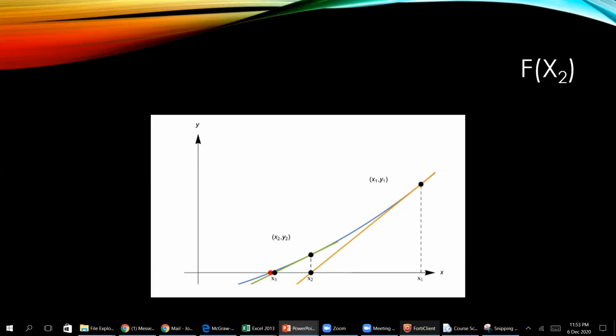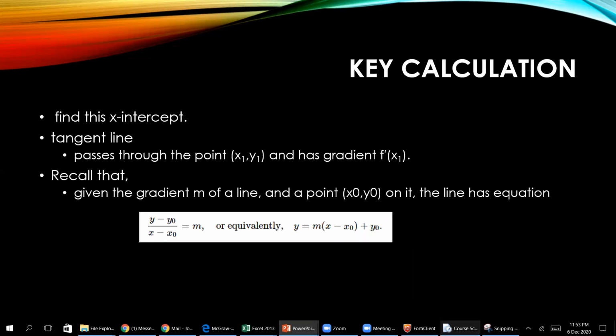So what is the formula for Newton's method? Definitely we don't want to draw lines and determine the length of the different sides of the triangle to find the location of this red dot. So let's review your algebra.